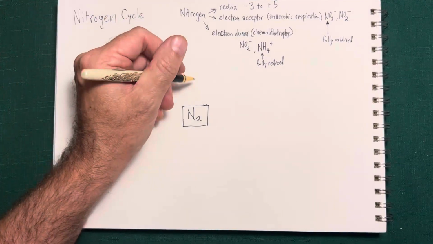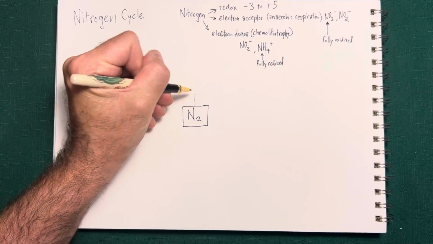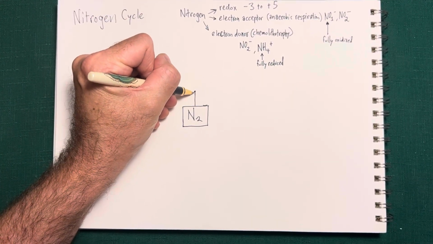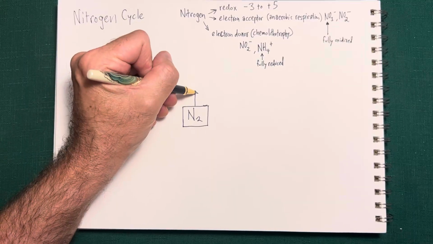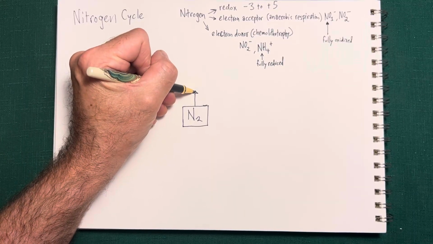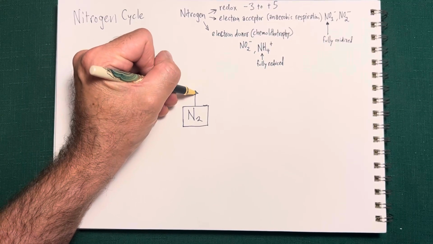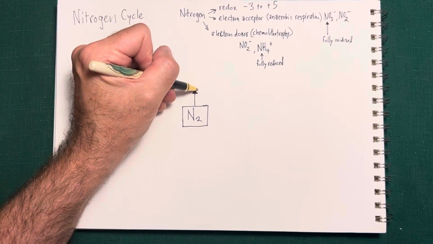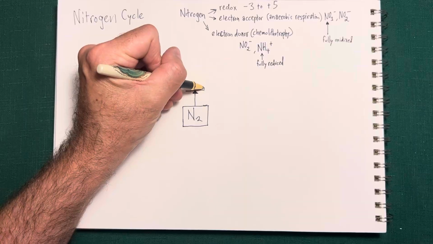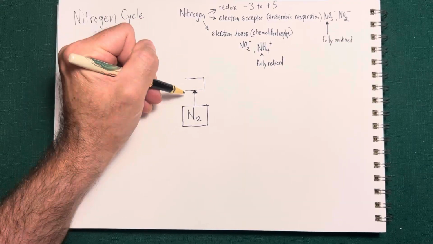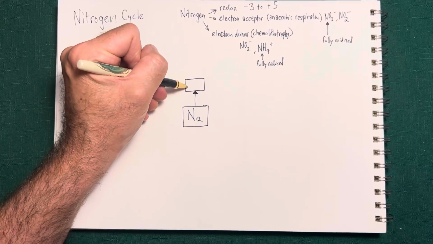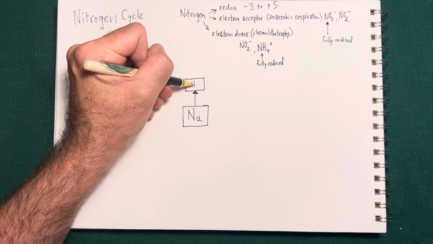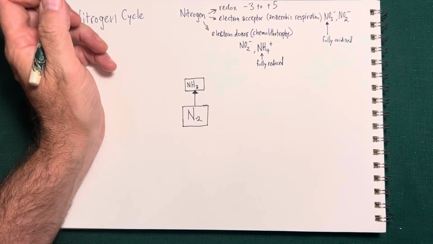That's kind of a tough act. There are a number of organisms that can do it, and we absolutely rely upon those organisms for this ability to take nitrogen gas and convert it into a biologically available form like ammonia.